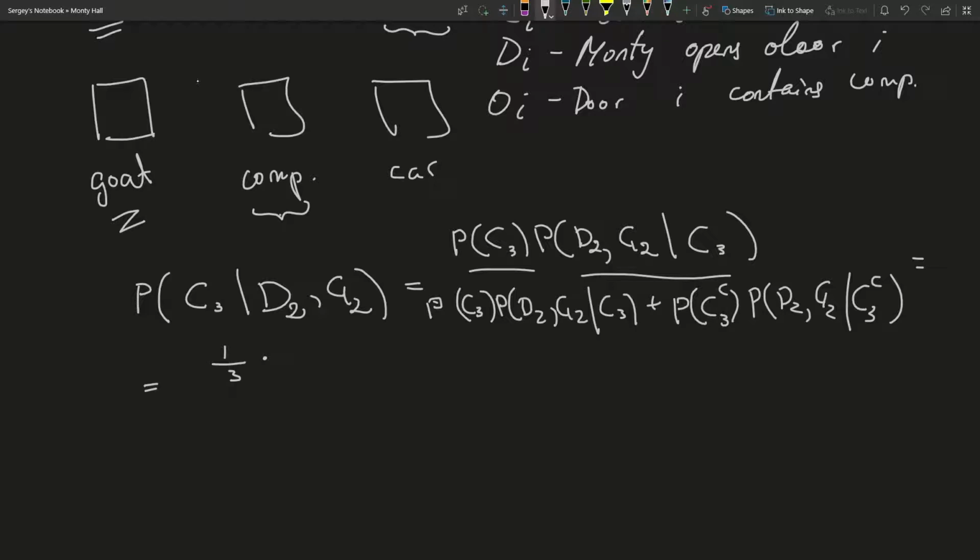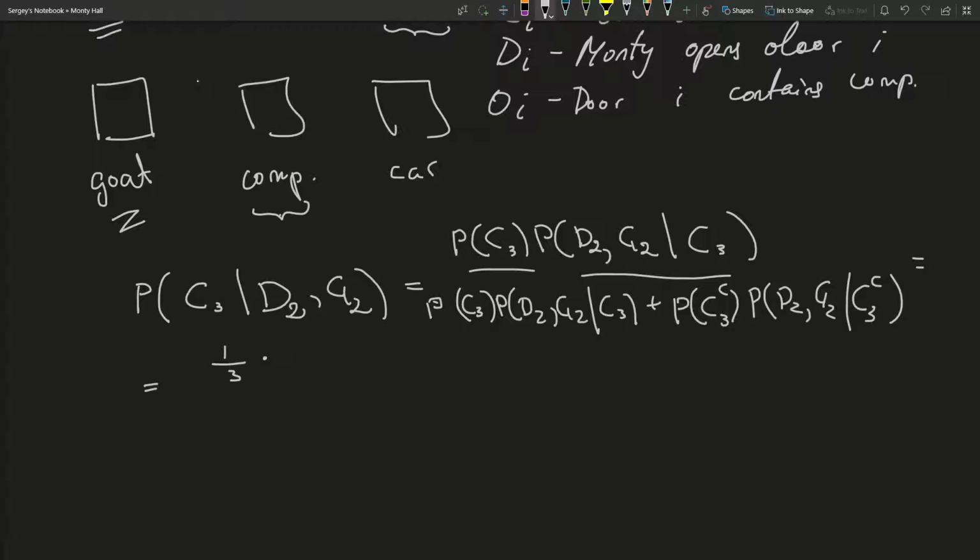Well, the contestant has chosen door 1. So the third door contains a car. Monty always wants to open the door with the prize behind it that the contestant likes the least. So if the third door contains the car, which is the most preferred prize, Monty is definitely going to open door 2.